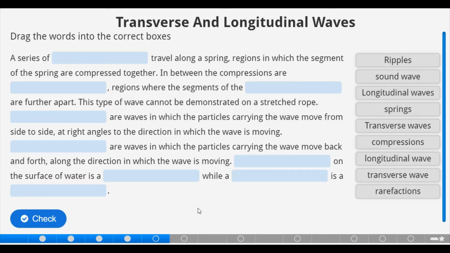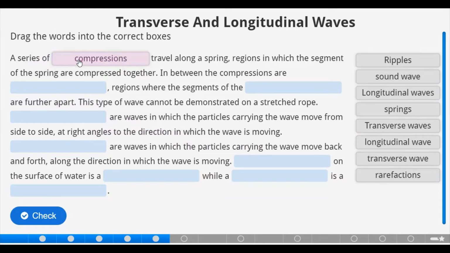So let's deal with the difference between transverse and longitudinal waves through their specific definitions. We are also to drag the words into the correct boxes. A series of compressions travel along a spring. Compressions are regions in which the segments of the spring are compressed together.